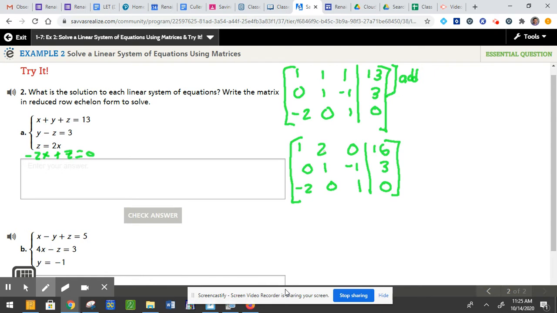What I'm going to do next is, in order to turn this 2 into a 0, I'm going to first turn it into a 1, and then that will allow me to work with it there.